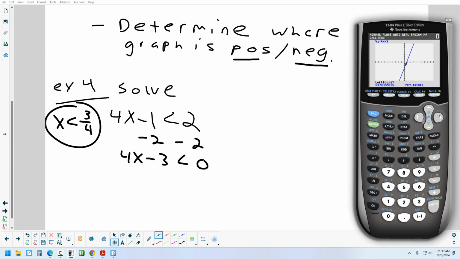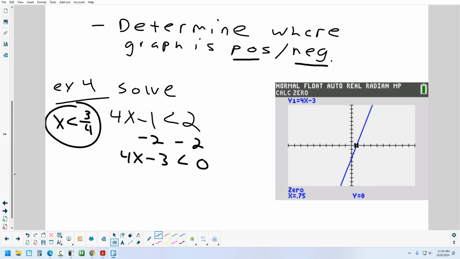So pick a point that you know is to the left of your root, which means the y value is negative. Hit enter. Go to the right of your root, which means the y value is going to be positive. Hit enter. And then the guess, it doesn't really matter. Hit enter one more time. If you did all that right, you should have gotten this as your root. 0.75.